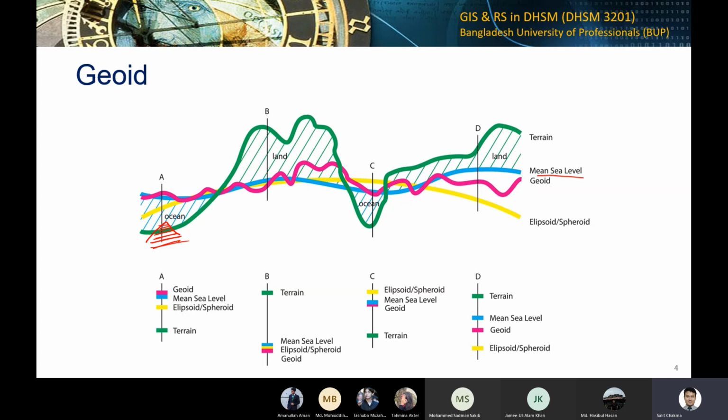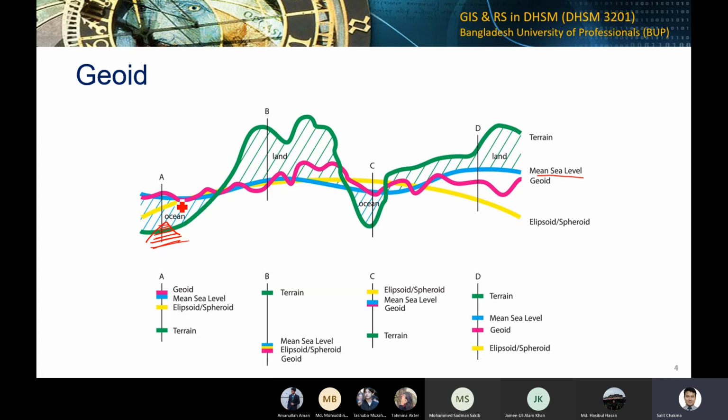But if we think about the seabed, what's beneath this ocean, the surface is not that flat. Since the surface is not that flat, the gravity changes from point A to point B to point C. It changes with the location, quite rapidly, and that's why the geoid seems more irregular than mean sea level.